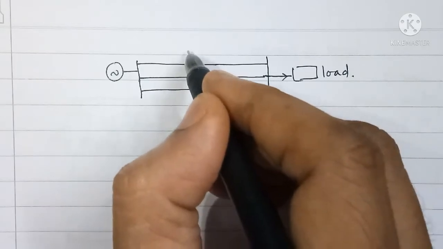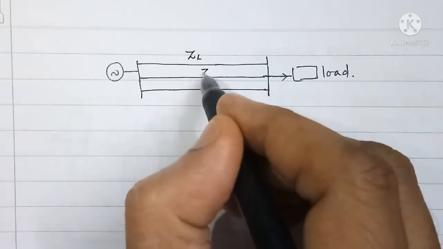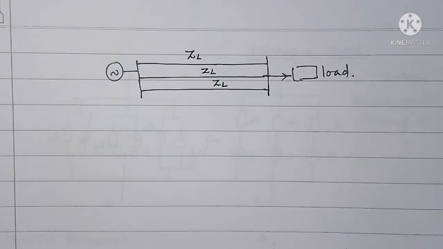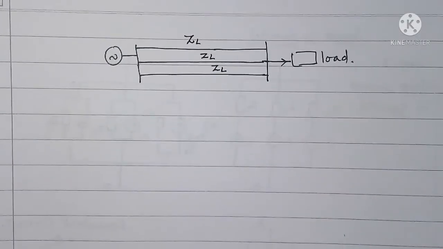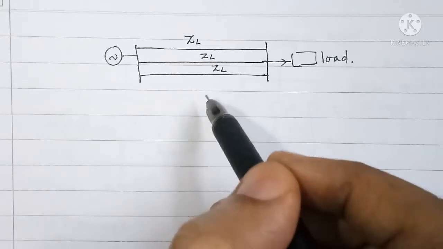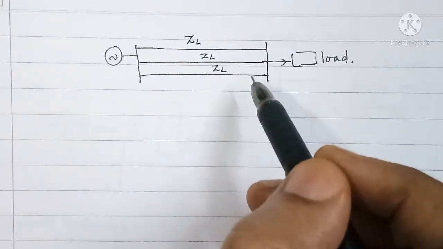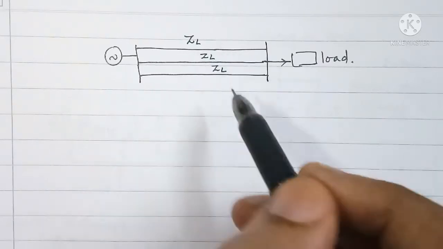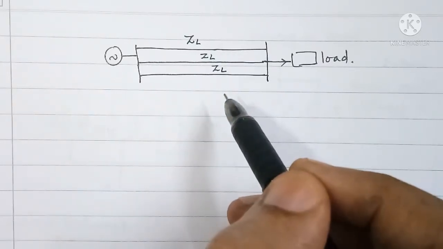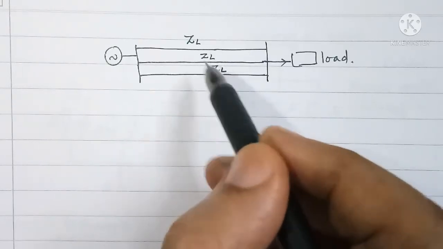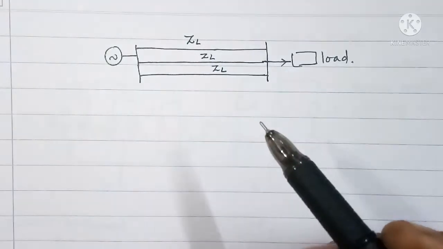See, each line has impedance of ZL here. If for the purpose of maintenance any one line is kept out of service, then there will be only two lines in service. And if two lines are out of service, then there will be only one line in service.